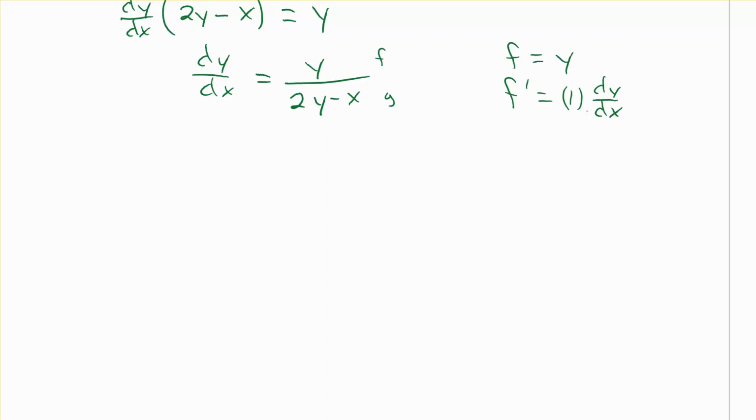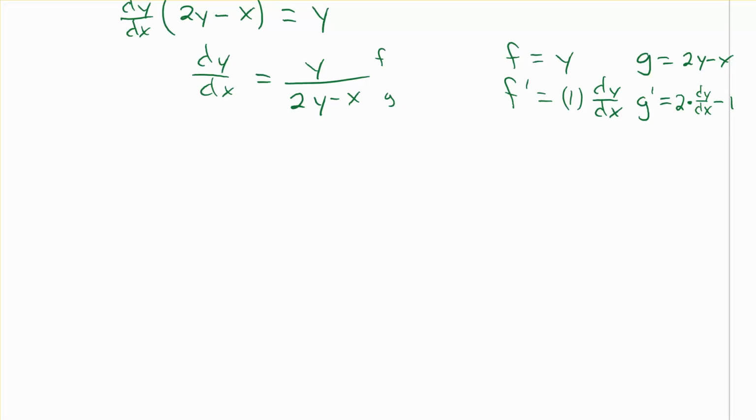So if we move on here, g was equal to just that entire bottom term, 2y minus x, and g prime is going to be 2, that first term, right? So we're looking at the derivative of this. 2 times the derivative, dy/dx, and then minus derivative of x is just 1.